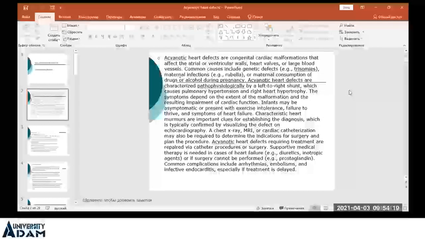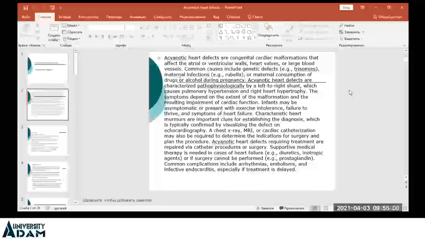The symptoms depend on the extent of the malformation, resulting in high rate of cardiac function. Infants may be asymptomatic or present with exercise intolerance, failure to sleep, and symptoms of heart failure.